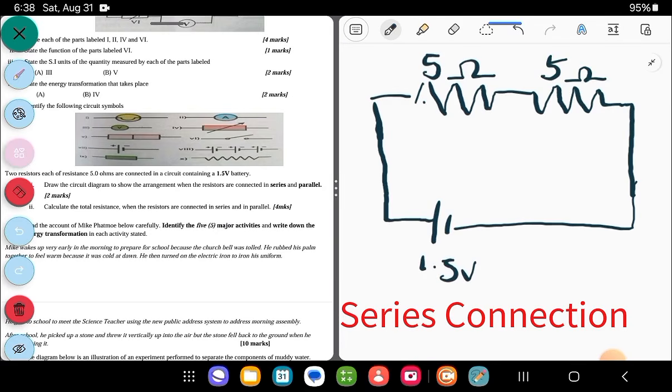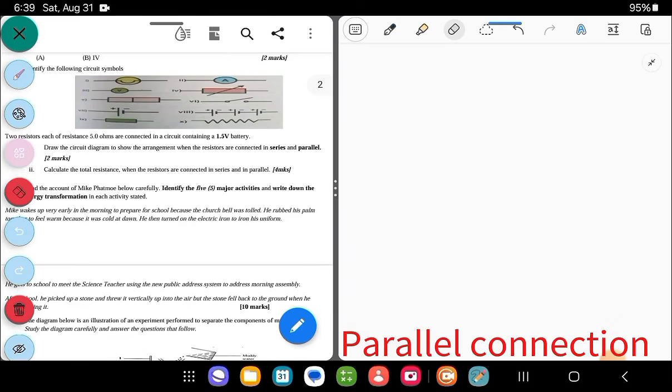So this is for the parallel connection for the resistors. This is how it's going to be.